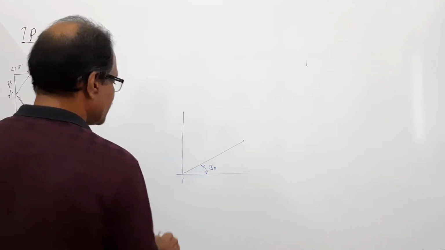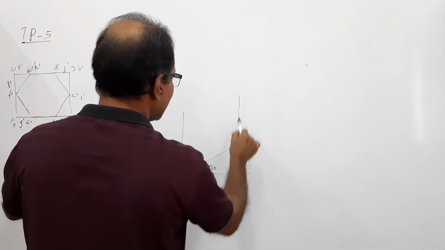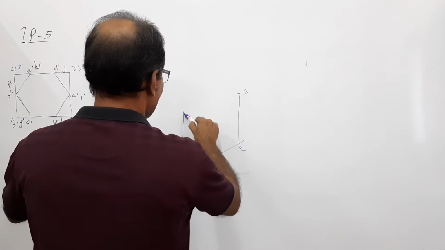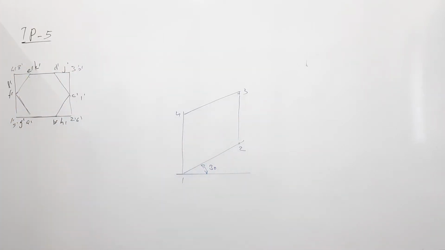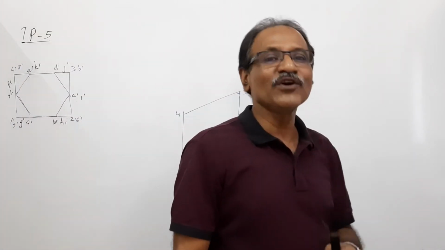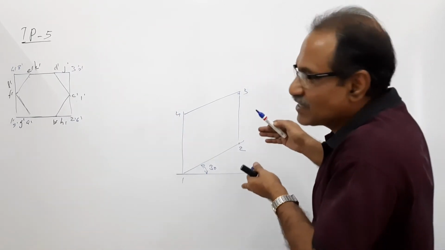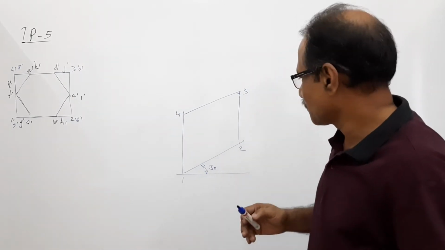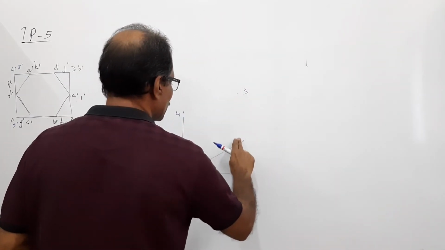Take this one, measure 1, 2, draw vertical line, 3, 4. What is 1, 2, 3, 4? 1, 2, 3, 4 is the isometric view of the rectangle inside which the hexagonal prism is lying. I think my dimensions are slightly bigger. I am going to slightly reduce it.